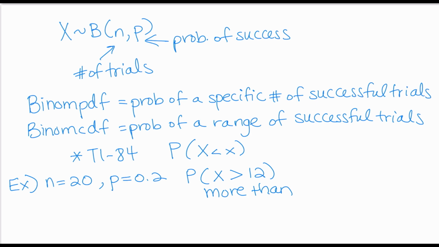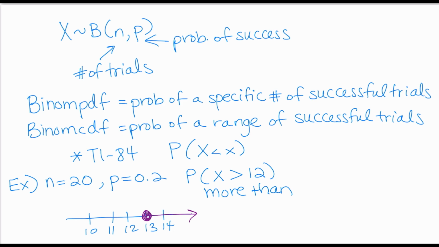So what happens in my case when I'm using the TI-84 calculator, I'm going to show you this in a little number line so you kind of understand the gist of what it is that we are doing. So here, if I want the probability of making more than 12 baskets, that means I could make 13 baskets or more, okay, or 14 or 15 or 16.